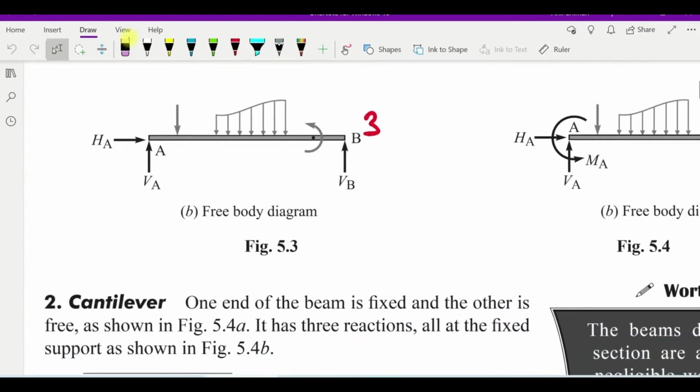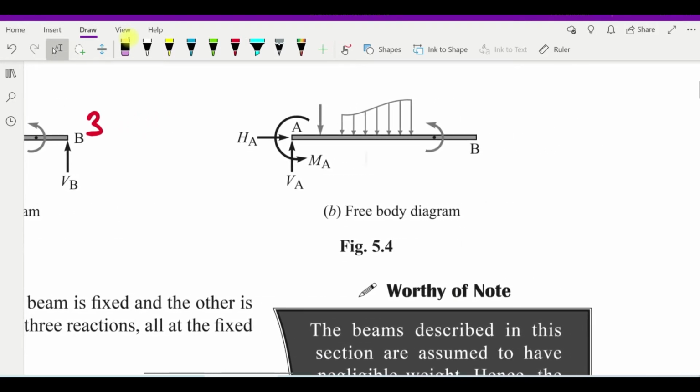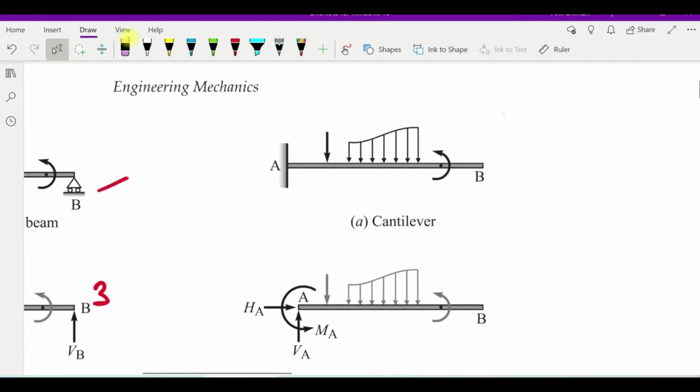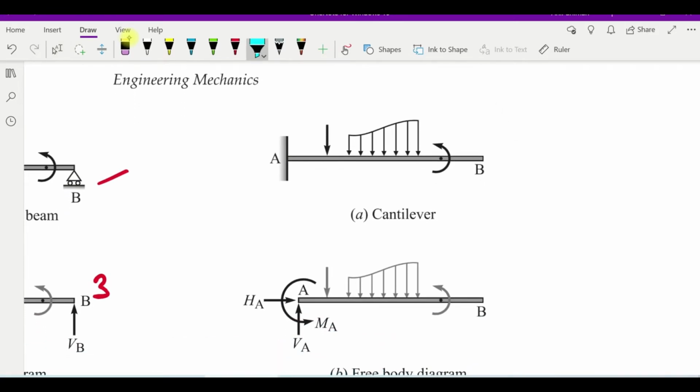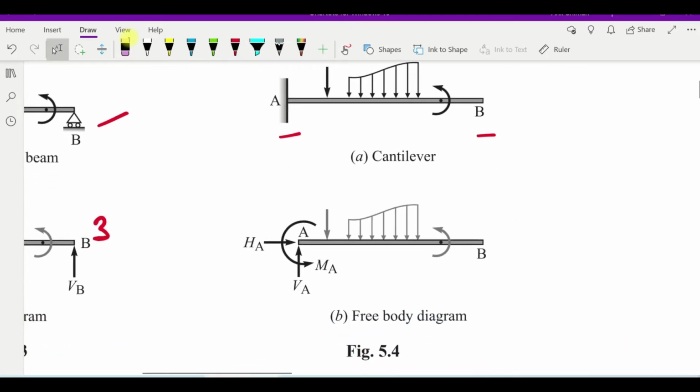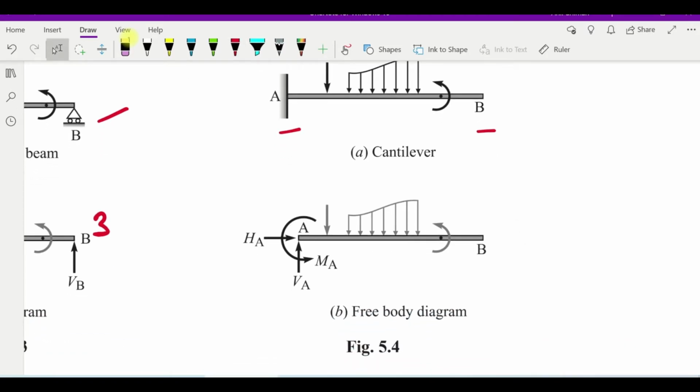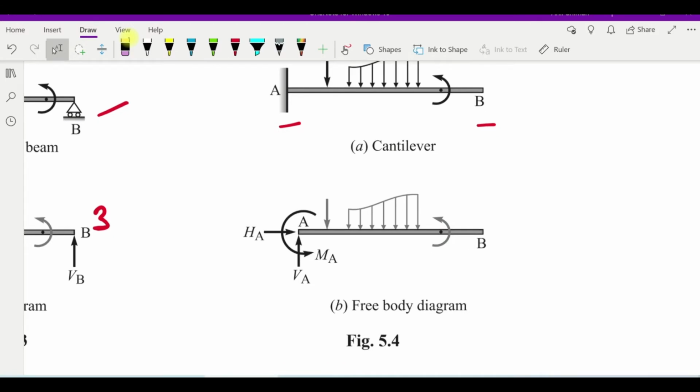The next category of beam is a cantilever, and a cantilever beam is a beam where one end is fixed and the other end is free. Here in this cantilever, end A is fixed and end B is free. So if we remove the load and draw the free body diagram of the beam, as we know that the fixed support has three reactions, we can apply the support reactions by removing the fixed support.